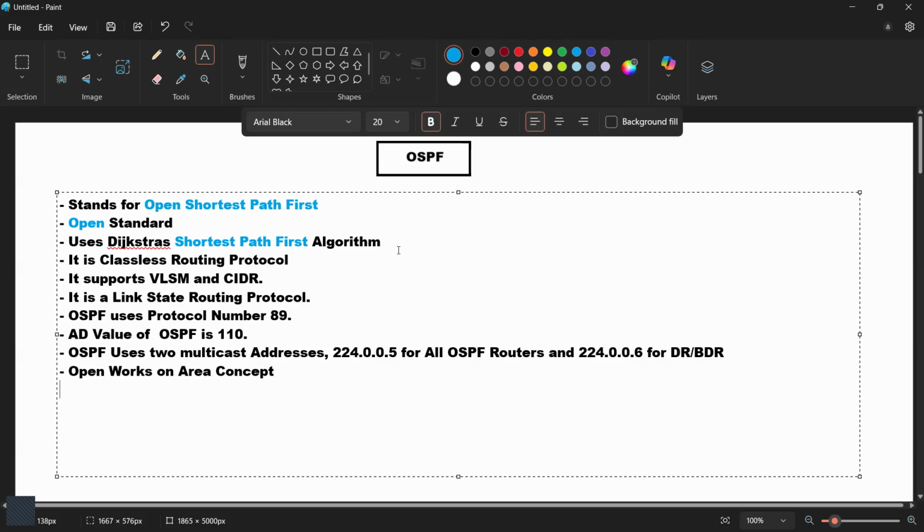Why OSPF divides an autonomous system into group of routers or areas? So that is completely dependent on bandwidth and cost. So what do you mean? What is least AD?